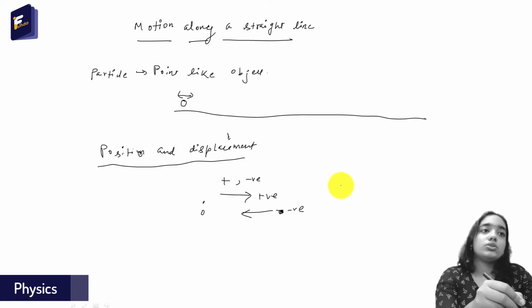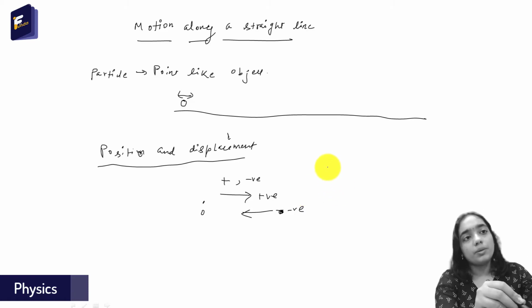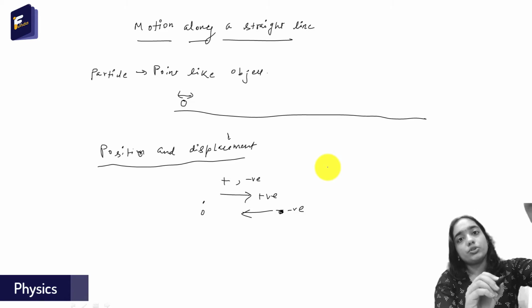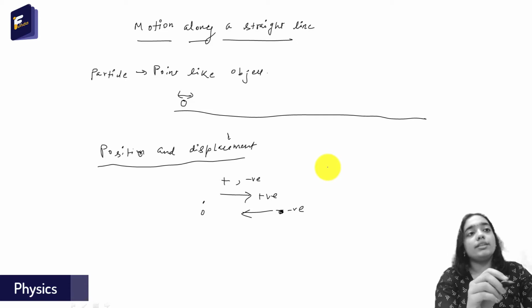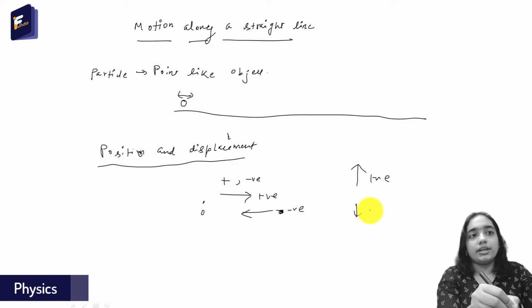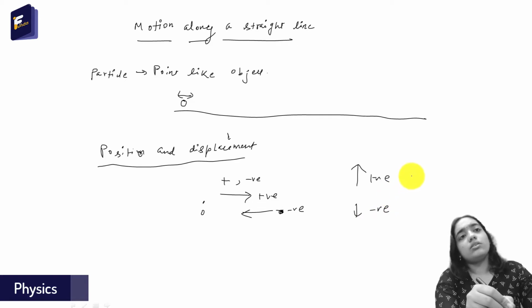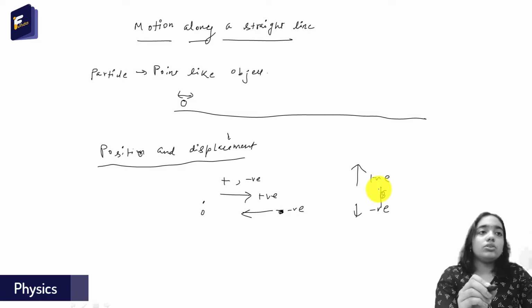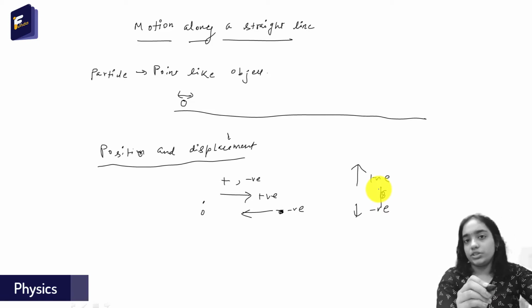When we talk about a falling object, like when we drop a stone from a very high building, we can consider the upward direction as positive and the downward direction as negative, or you can assume upward to be negative, and it can be opposite also. So it depends on your choice and the question.